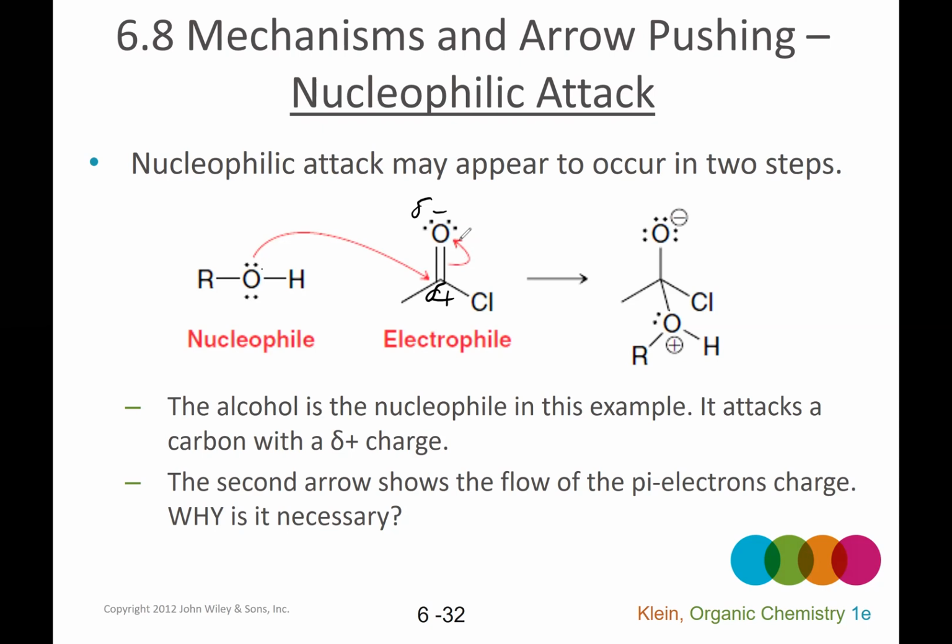And that's shown by the second curved arrow, resulting in the product of the reaction where you have a new carbon-oxygen covalent bond and an oxygen with a negative charge and 3 lone pairs. Okay? So the second arrow is simply required so the carbon doesn't end up with 5 bonds. I mean, if it did, there'd be no reaction.